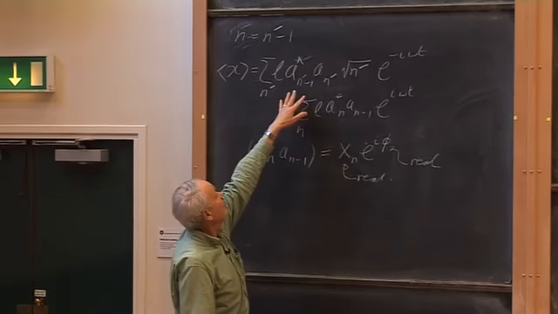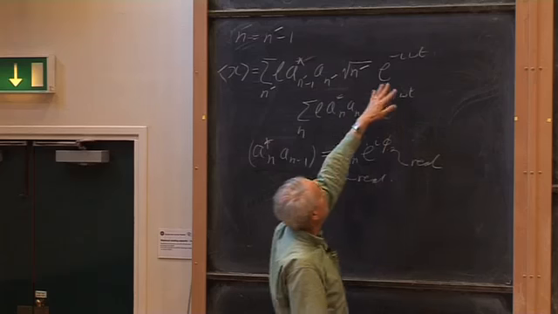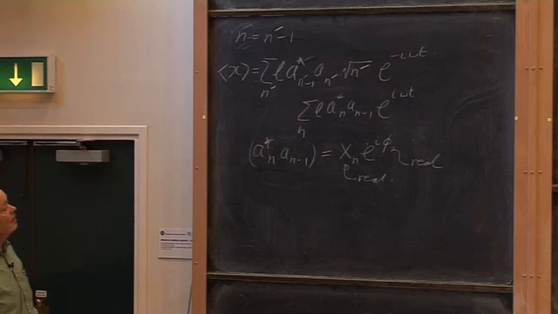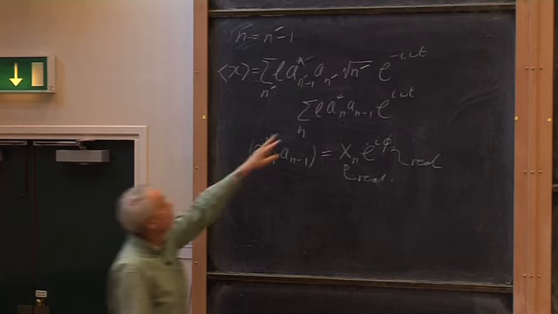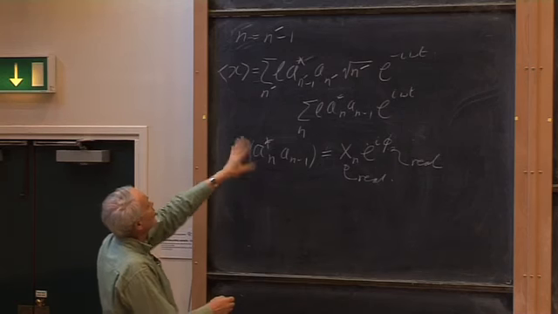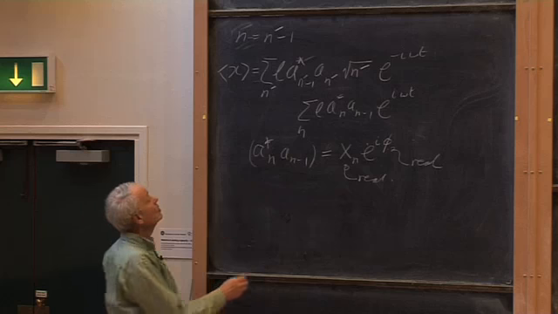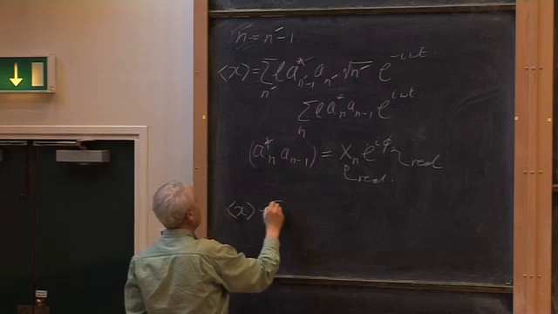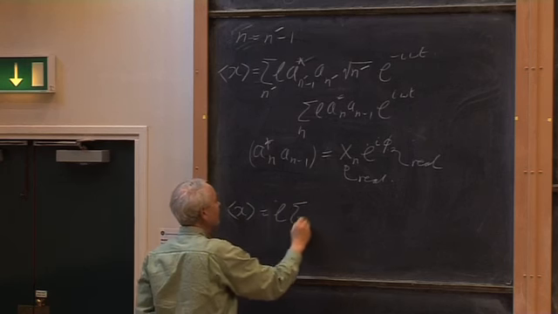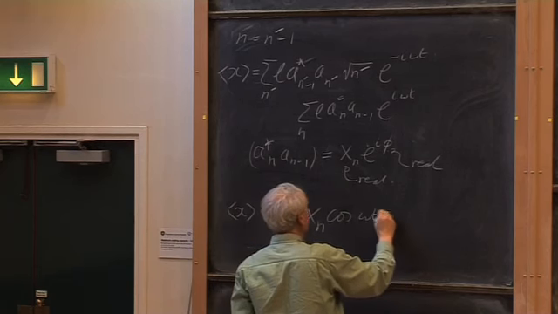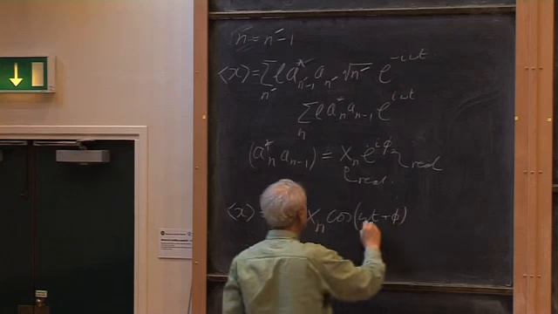Then I'm going to be taking x e to the minus i omega t minus i phi plus this stuff e to the i omega t plus i phi, and we're going to be able to combine the two exponentials and discover that x is equal to L times the sum of x_n cos of omega t plus phi.